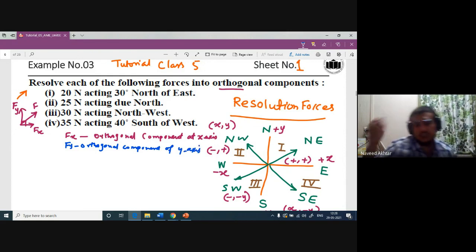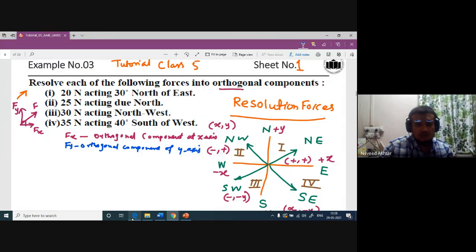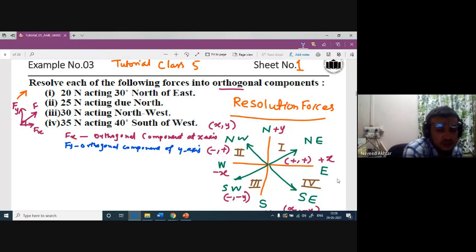It may be positive, it may be negative, based on the quadrant in which your force is given.